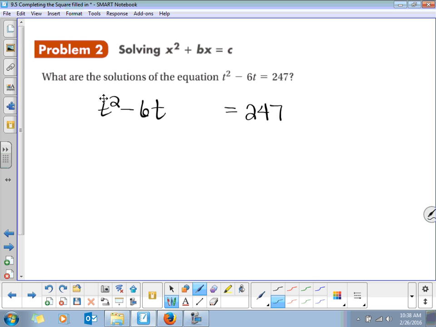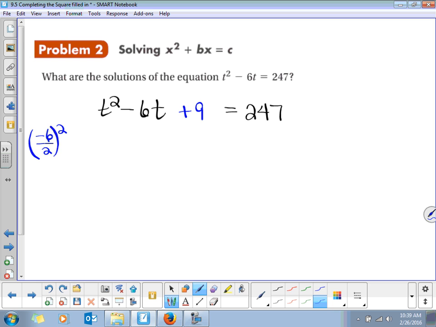When I complete the square, again, we're going to take half of our b. Our b is negative 6, so we're going to take half of negative 6, and then square that. So this is going to be negative 3 squared, which is positive 9. So we're going to add 9 over here.